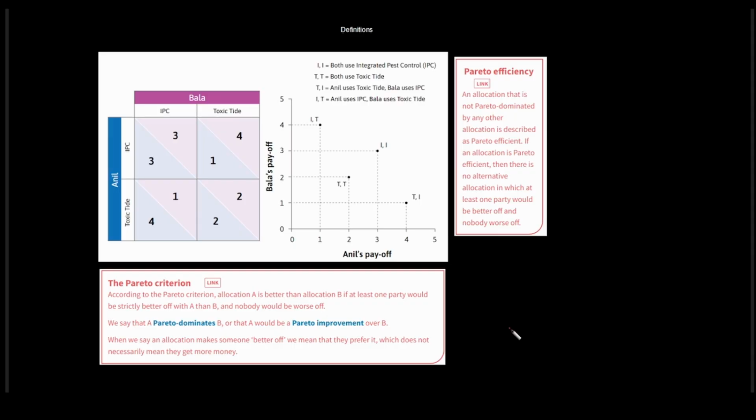But what exactly do we mean by our Pareto criterion, and what do we mean by Pareto efficiency? Well, first, the Pareto criterion. I'm just going to read this as it is.